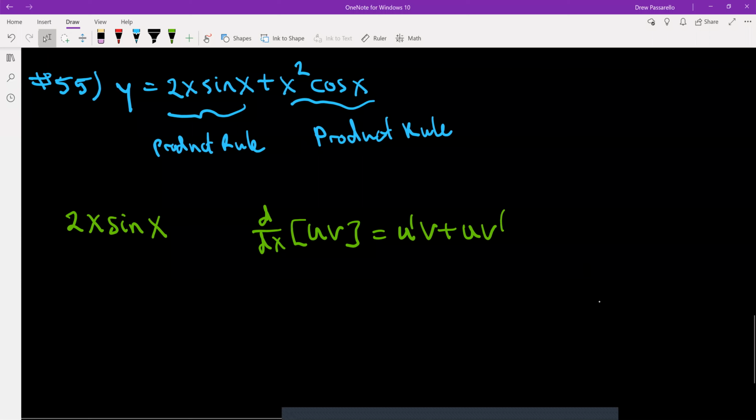That way there's not so many different colors. So I'm going to let u be the 2x part, and then v is going to be sine x.